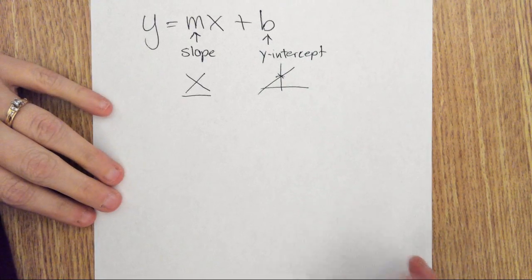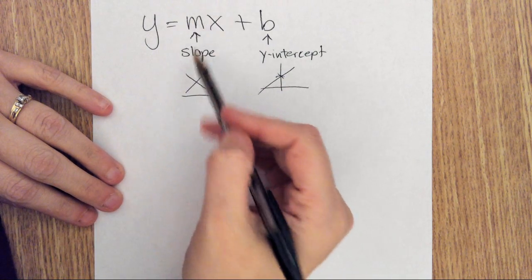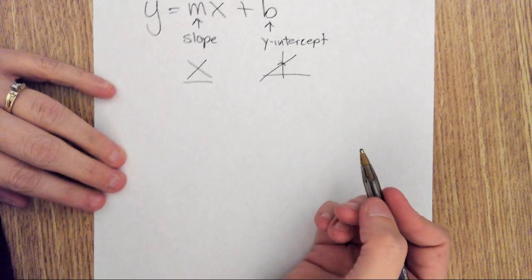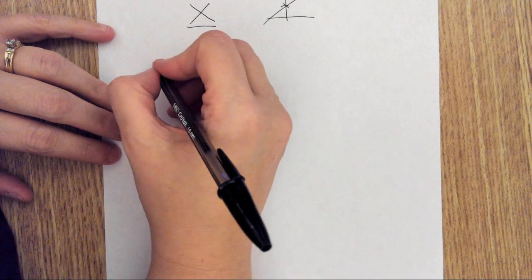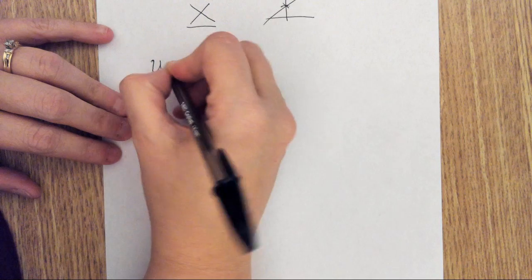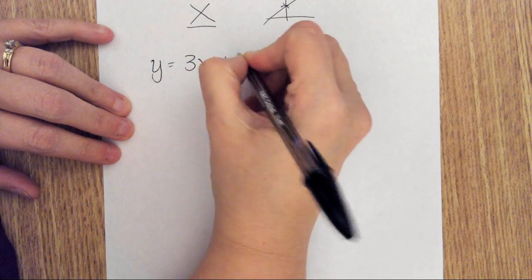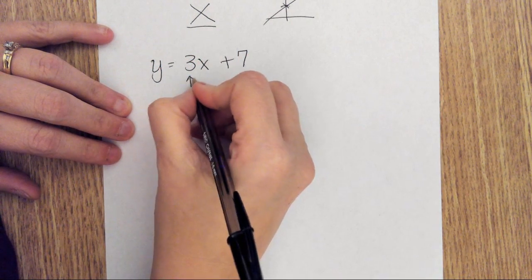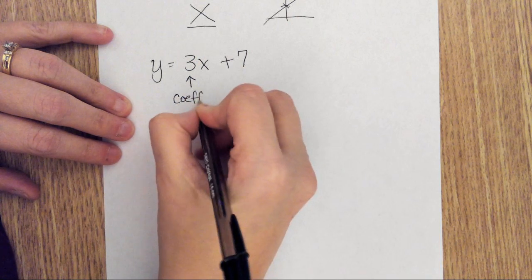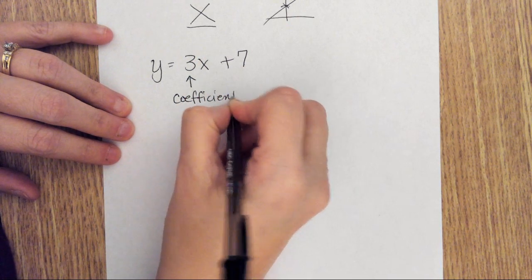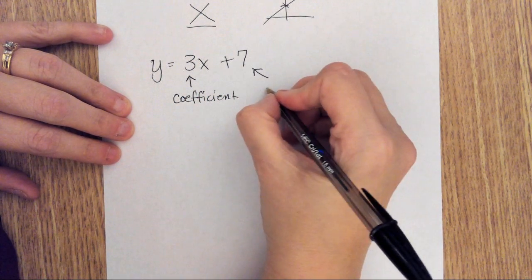Now, we also have other things. This particular part of our equation has lots of names. Another one that we might see, let's look at another equation, y equals 3x plus 7. We might also call this the coefficient, and we might call this the constant.